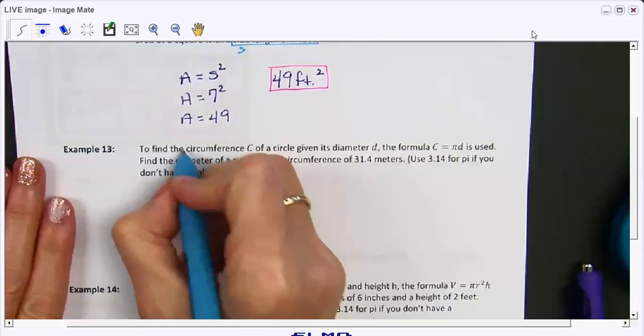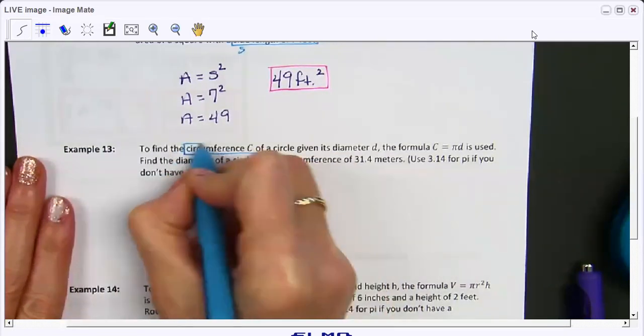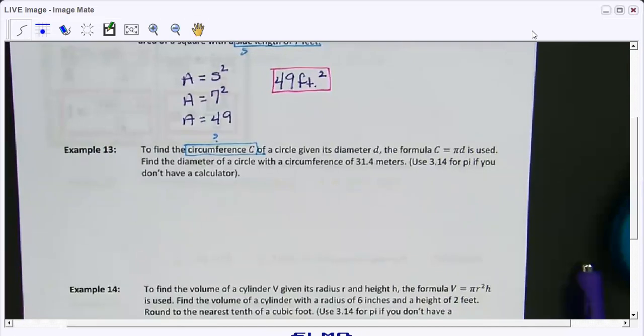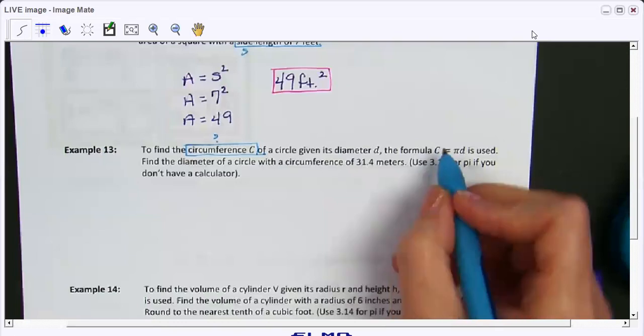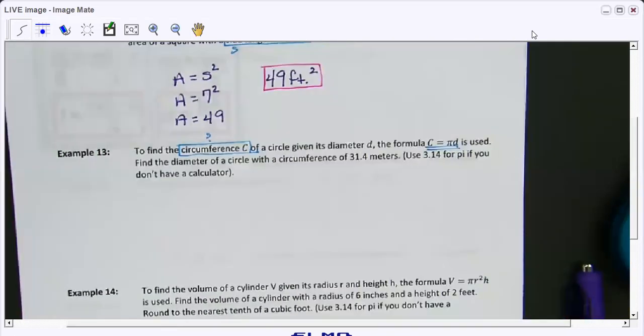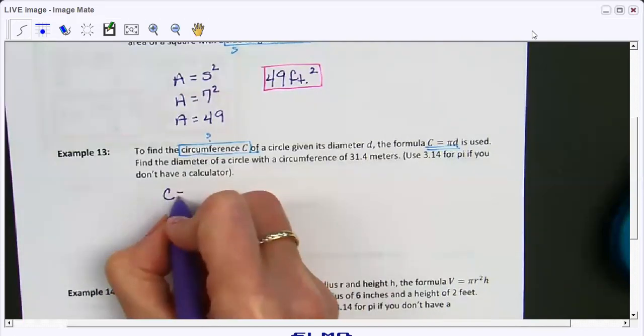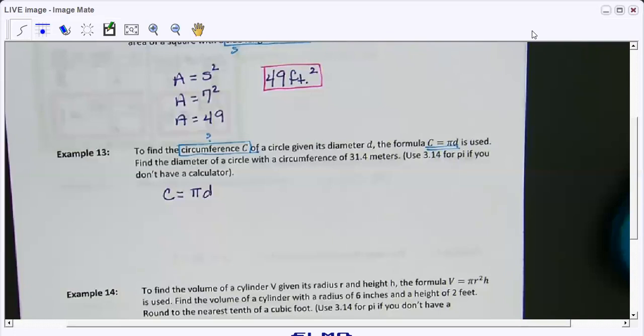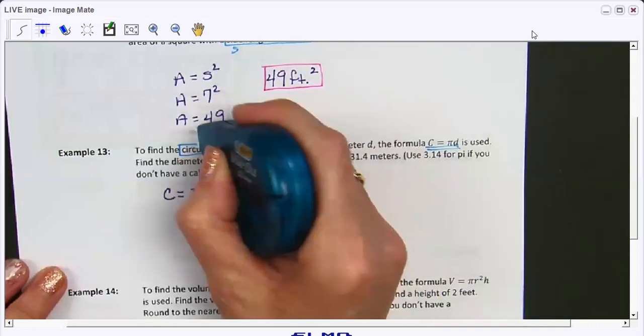We're finding circumference here. That is what we're looking for. Given its diameter, the formula C equals pi d is used. So that is the formula I know I'm going to use. C equals pi d. Find the diameter of a, oh, never mind, I needed to read that in full.